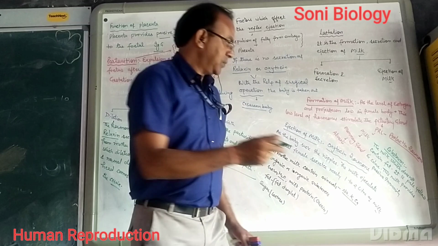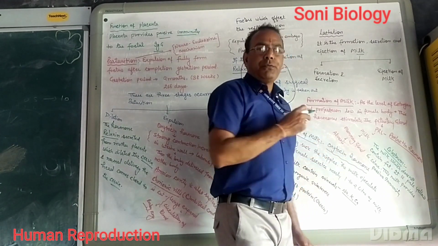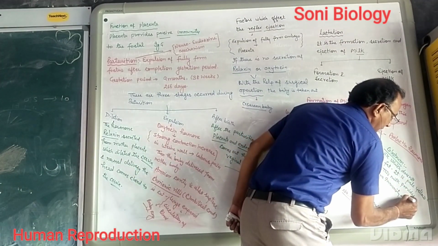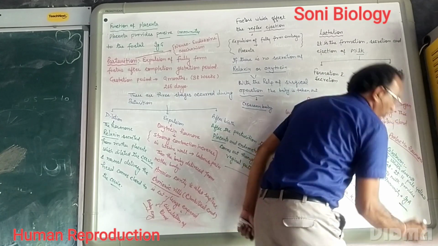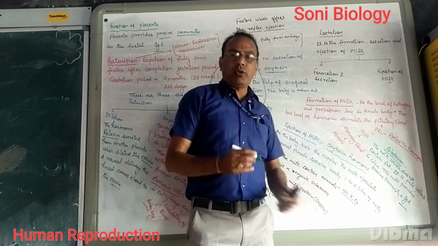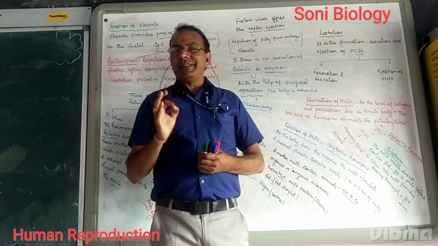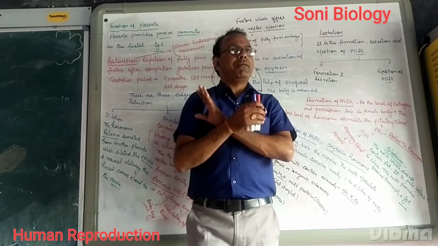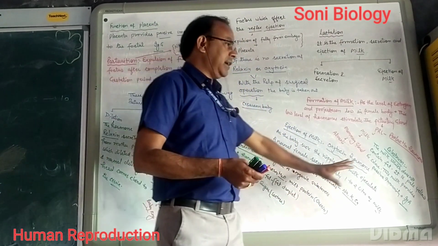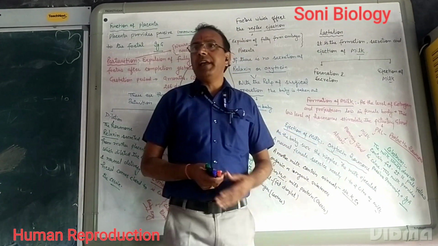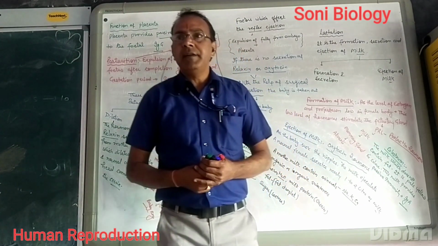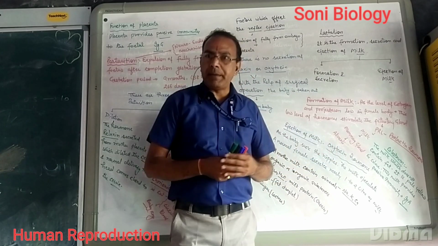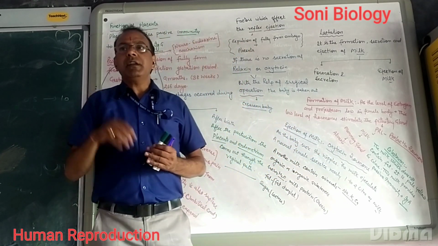Placenta provides IgG, but colostrum, the milk without fat, provides passive immunity IgA, immunoglobulin A. So what is colostrum? Colostrum is the milk which is secreted in the earlier days after the delivery. This milk doesn't contain any fat. Milk without fat is called colostrum, which is pale yellow in color. This type of milk provides passive immunity IgA to the baby. Clear? And now this chapter has been completed.